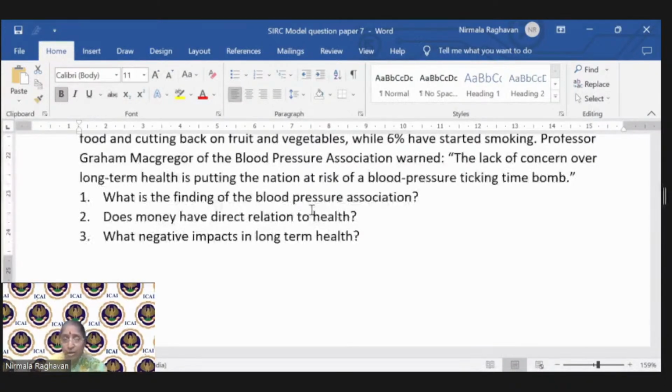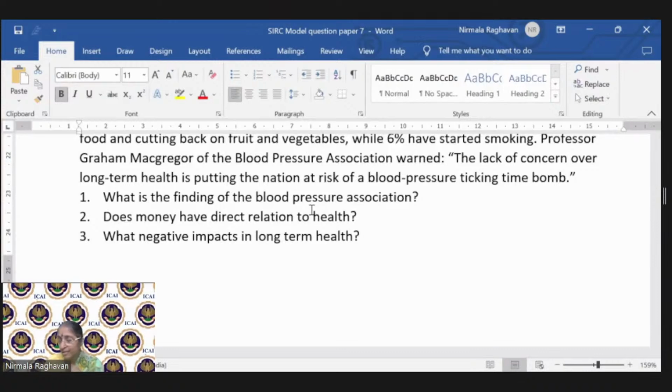Okay, I'll call out the question. Some of you say you don't find it. It's there on my screen, but I don't know why it's not coming on your screen. What is the finding of the blood pressure association? That's the first question. Write it down in your notebook so that it's easy for you. Question number 2.